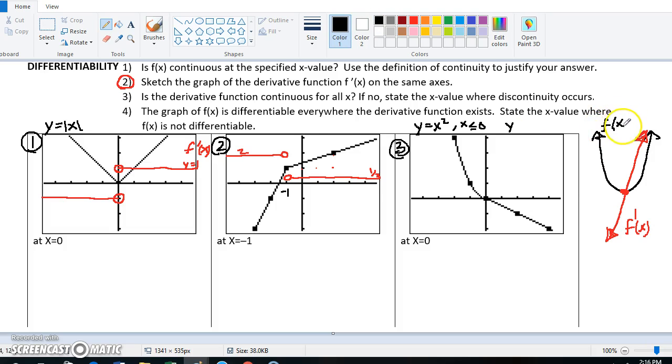In our graph, we only have the left-hand piece of the parabola, so we're only going to get the positive sloped line to the left of 0. Okay.